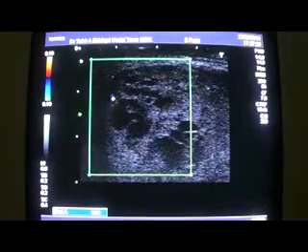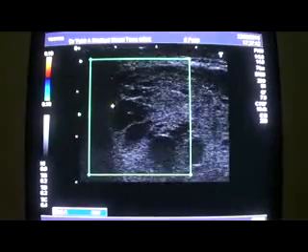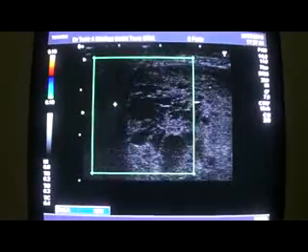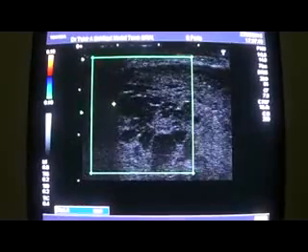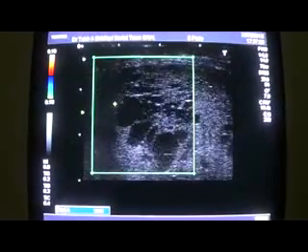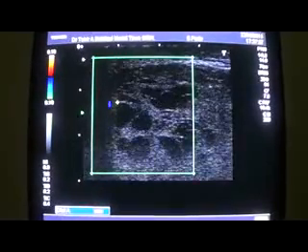In torsion, the venous supply is absent, and I don't see that here. Venous compromise would indicate torsion of the testis, whereas here you can see this blue structure, which is the vein.